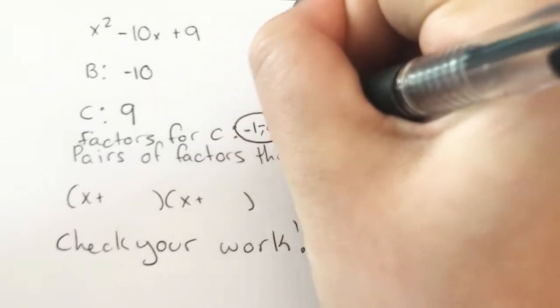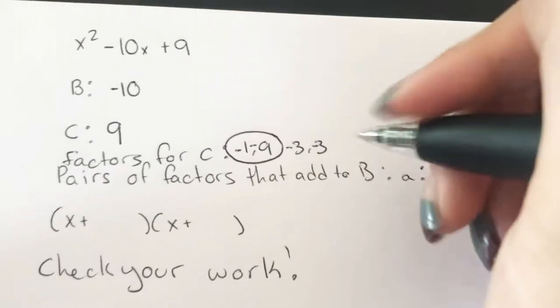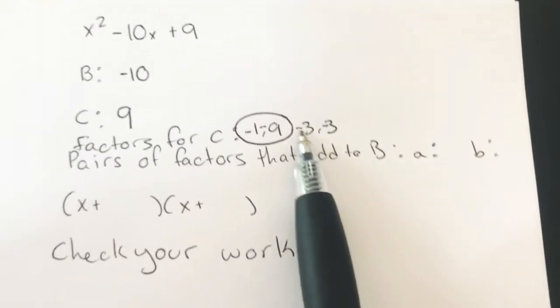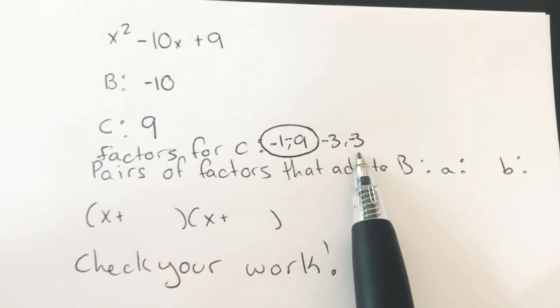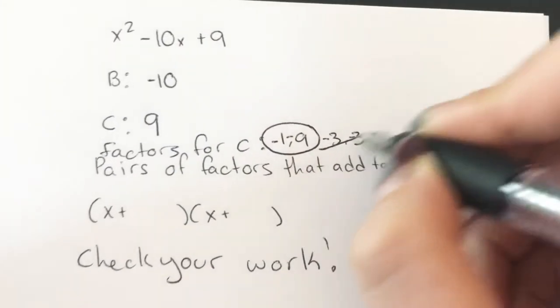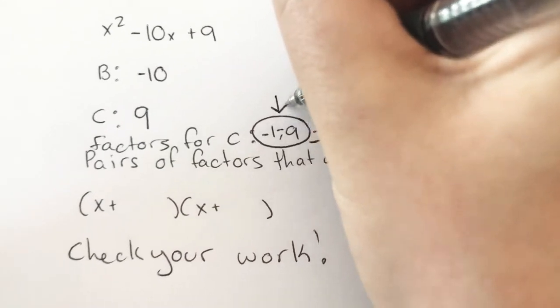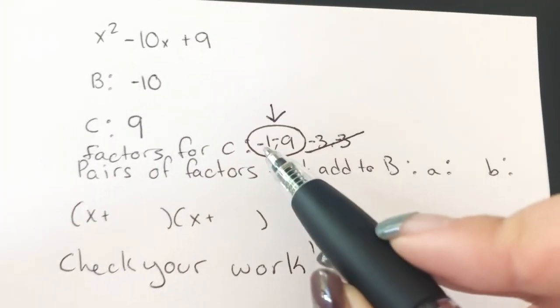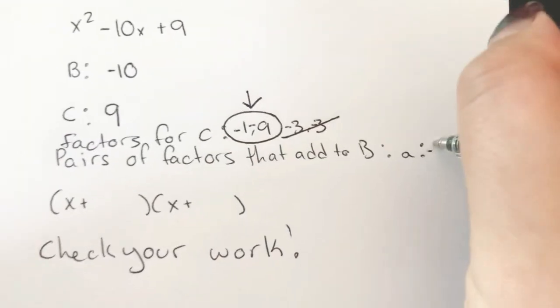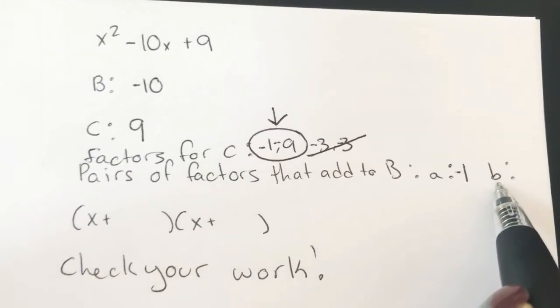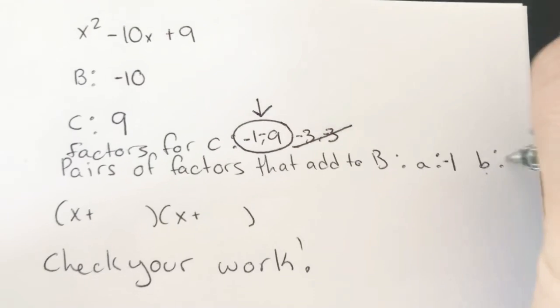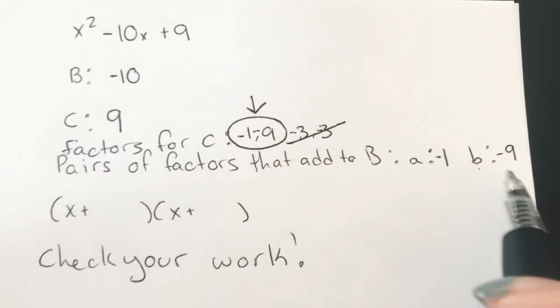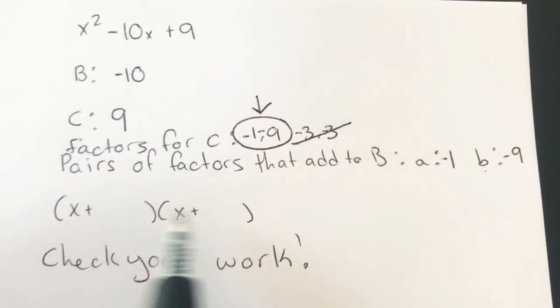It does seem like it. And again, you guys can be using your calculators to verify this. And is negative 3 plus negative 3 negative 10? No, it is not. So this is my pair of factors that adds up to b. So I have a is negative 1. I have my other factor, b, is negative 9. So I'm simply going to fill in my factored form with those values.